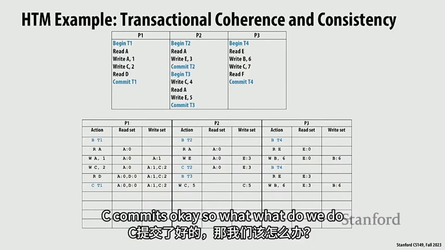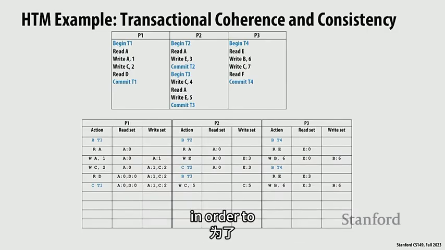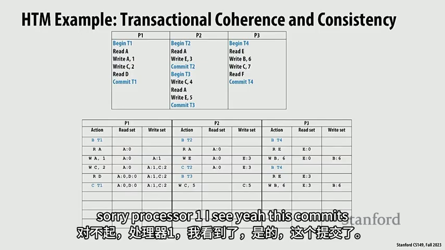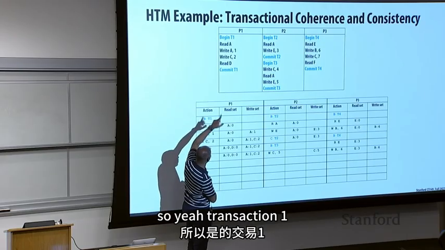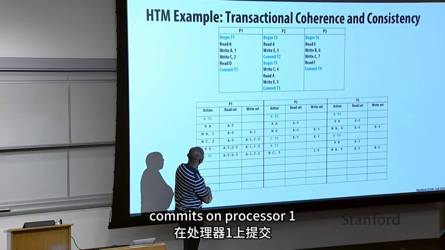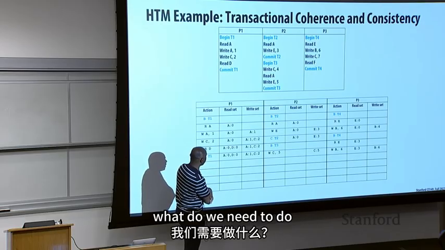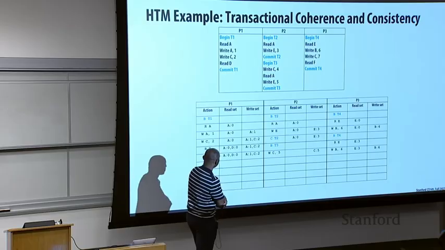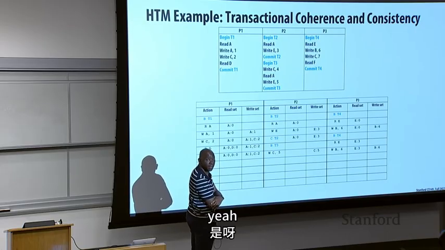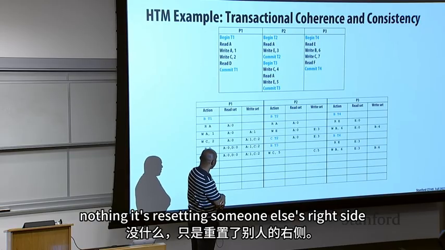Okay, so what do we do in order to validate the... Sorry, processor 1. C is the commit. So transaction 1 commits on processor 1. What do we need to do? Yeah? Nothing in its read set is in someone else's write set.